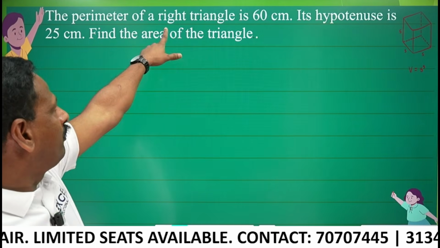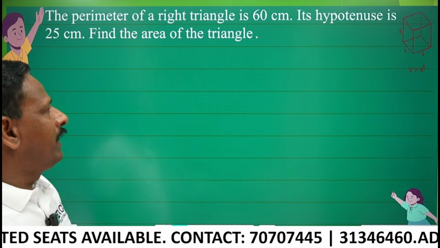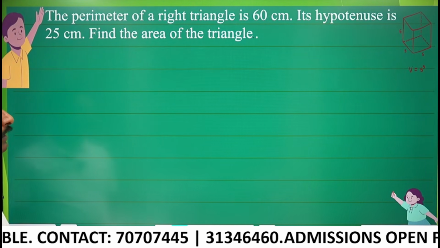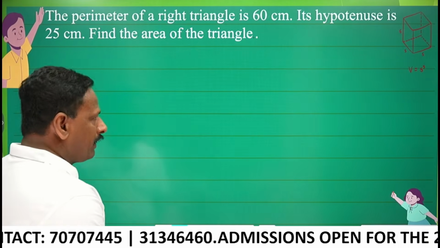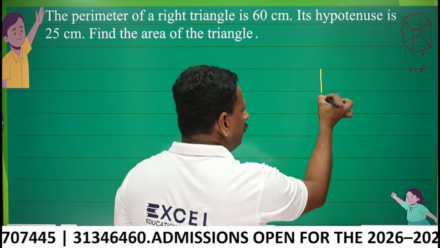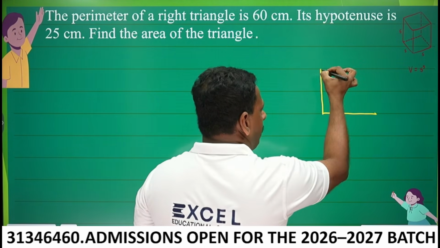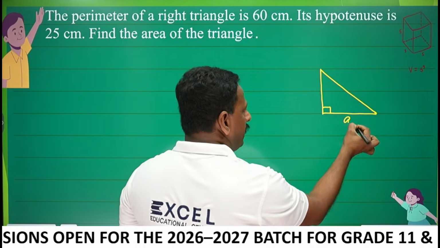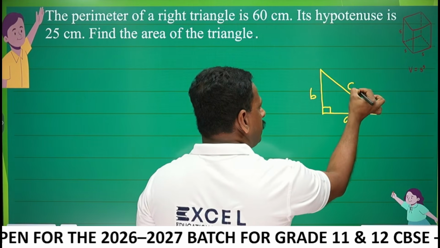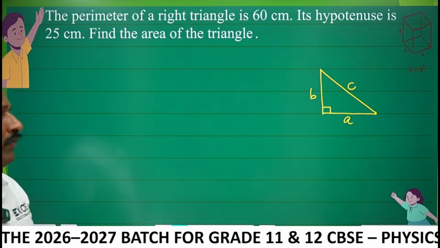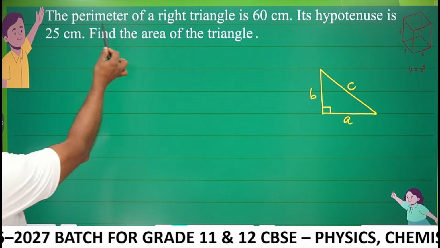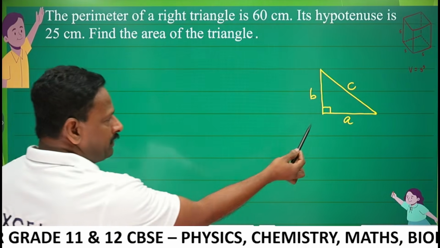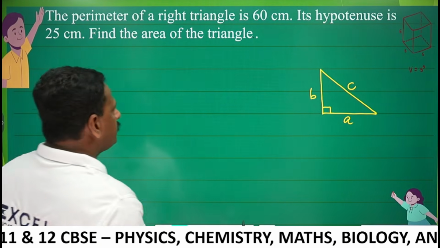The perimeter of a right triangle is 60 centimeters. Its hypotenuse is 25 centimeters. Find the area of the triangle. What is given is a right angled triangle, right? We'll take the sides as A, B and C. The first condition given is that the perimeter of this triangle is 60 centimeters. That means A plus B plus C is 60.